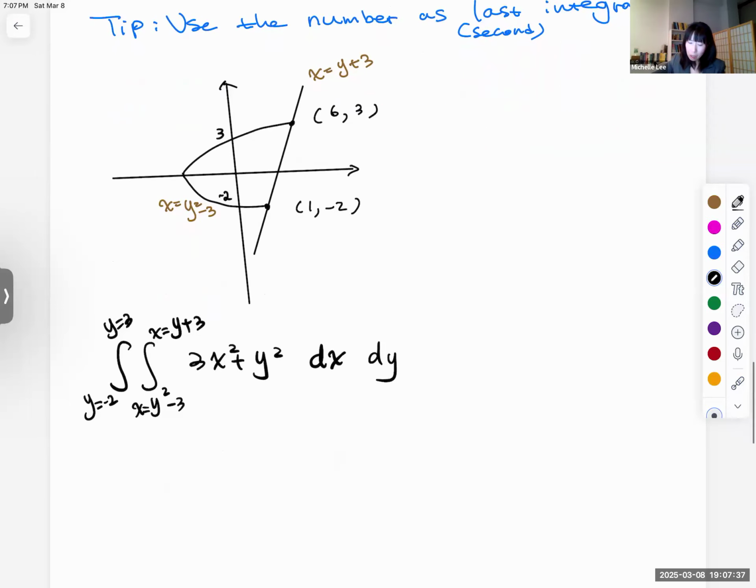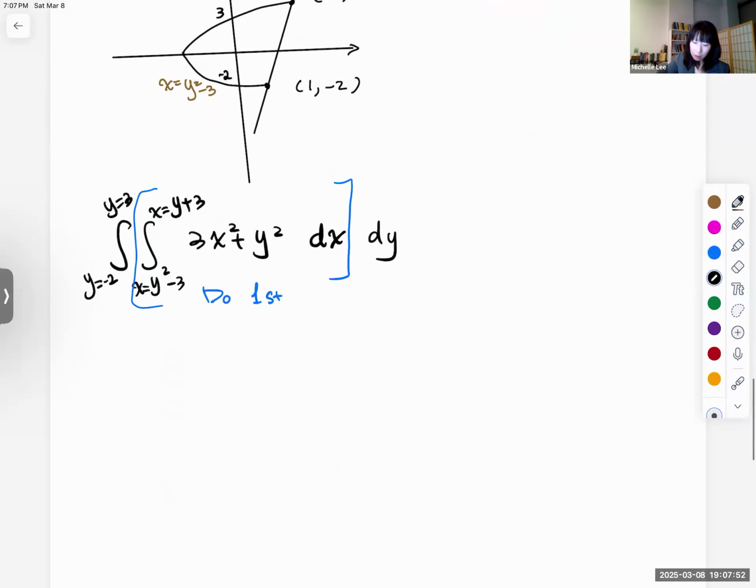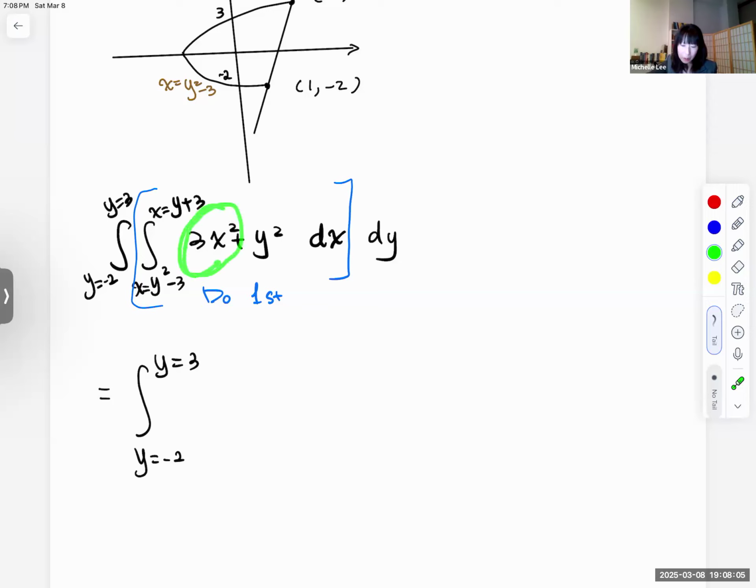Okay, now let's integrate with respect to x first, with y from -2 to 3. Integrating with respect to x, we will have 3x to the third power over 3.